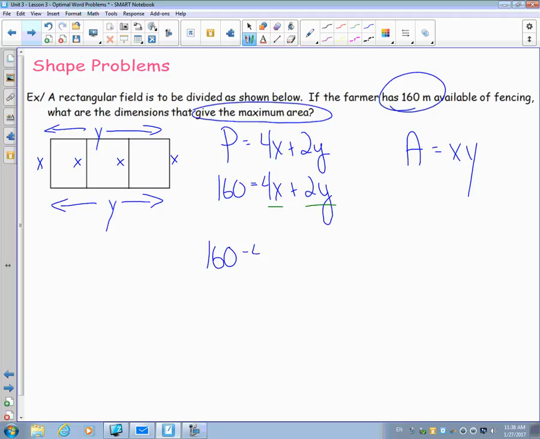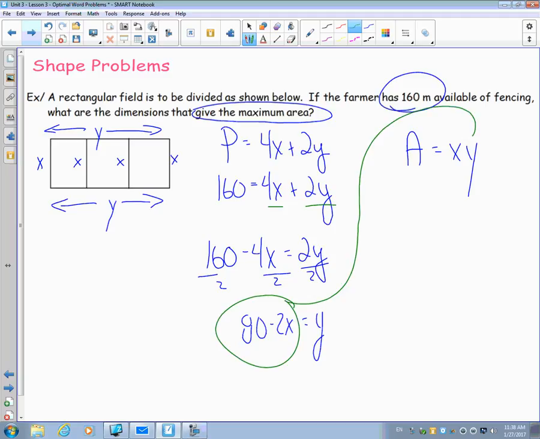And here's what I mean. If I rearrange and then I divide everything by 2, I'll get 80 minus 2x has to be y. And then I can take this and plug it in here. So I end up with an equation, x times 80 minus 2x, which is a quadratic.